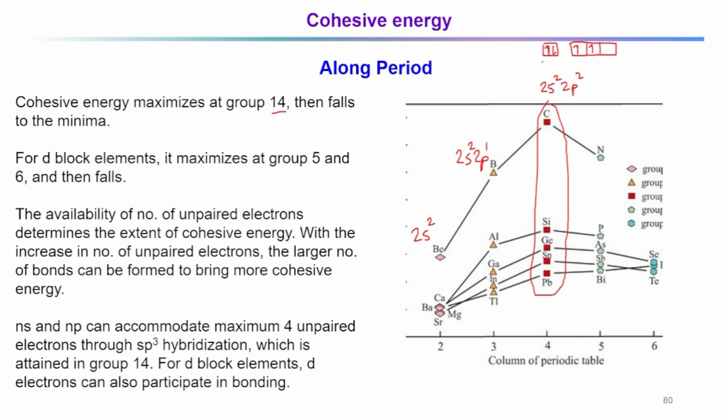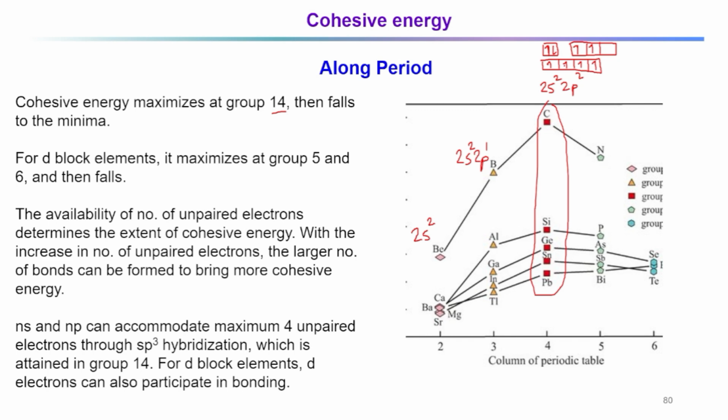And after hybridization, it becomes 4 orbitals together, and all 4 orbitals have only one electron. So this is called sp3 hybridization, and carbon forms this sp3 hybridization.